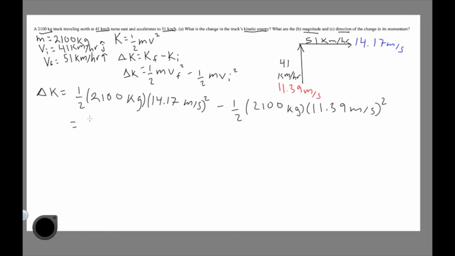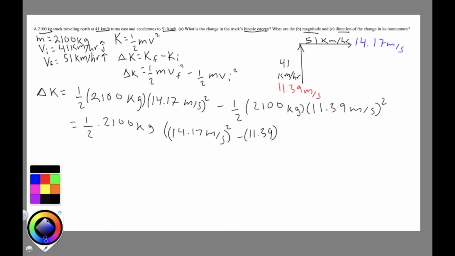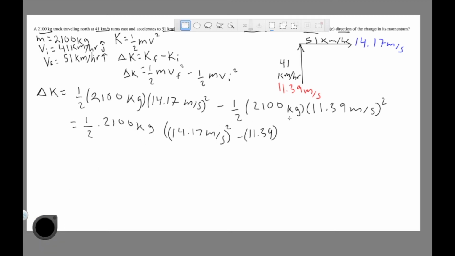Then let's do the math in the parentheses with what's left: 14.17 meters per second squared minus 11.39 meters per second squared.